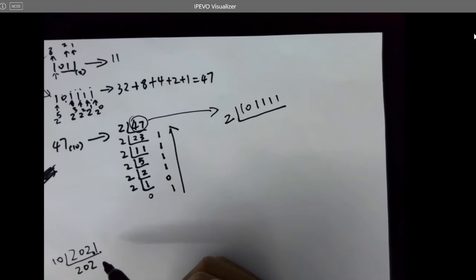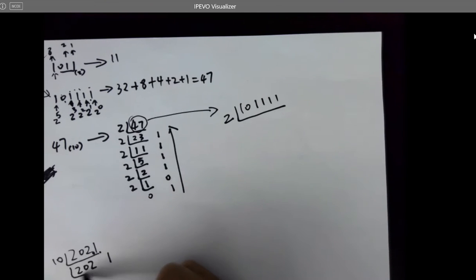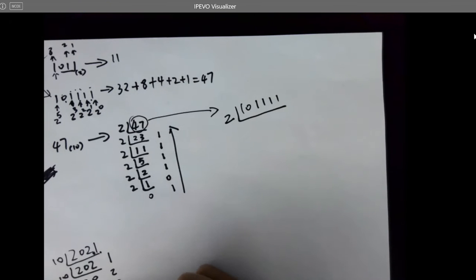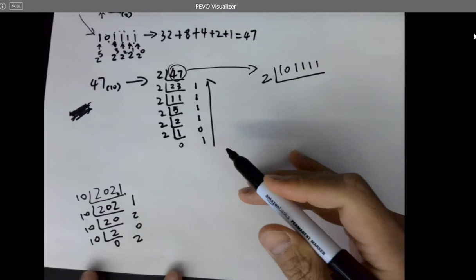The remainder is 1. Do it again. 20, remainder 2. Do it again. 2, remainder 0. Do it again.